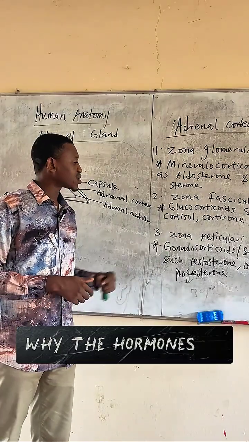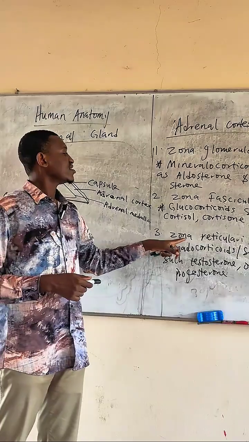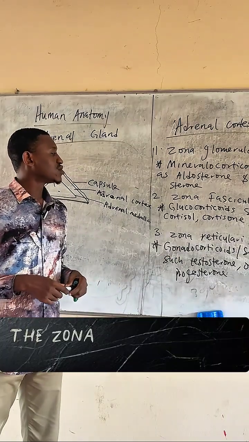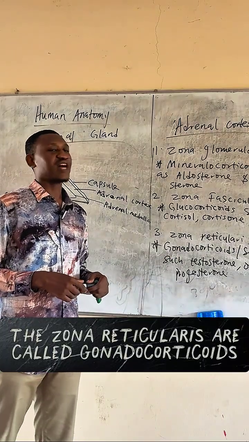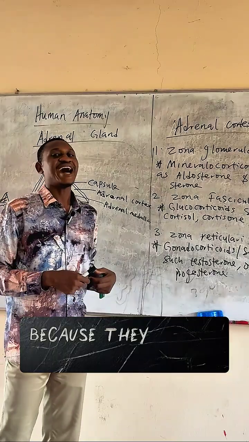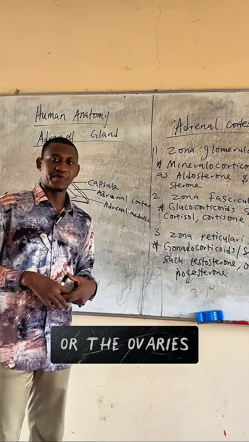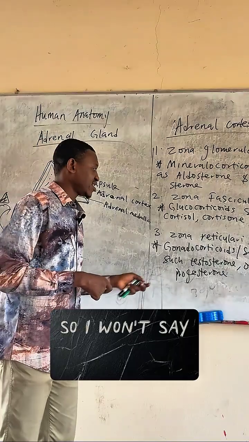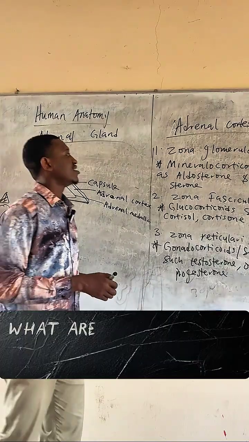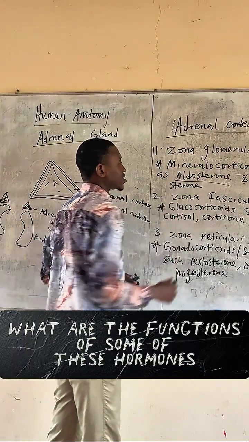The hormones of the zona reticularis are called gonadocorticoids because they act on the gonads, which are the testes or the what? Or the ovaries.